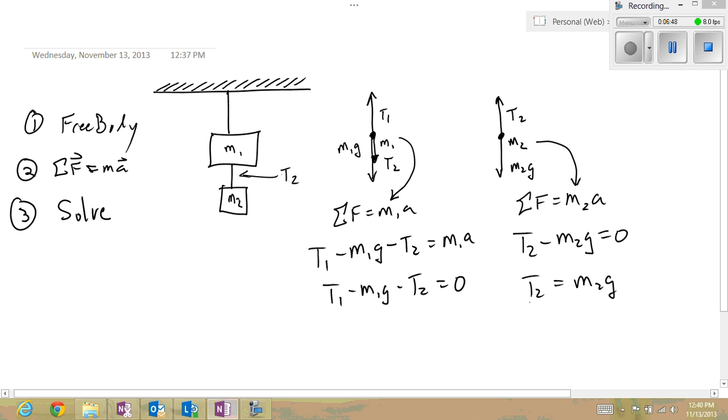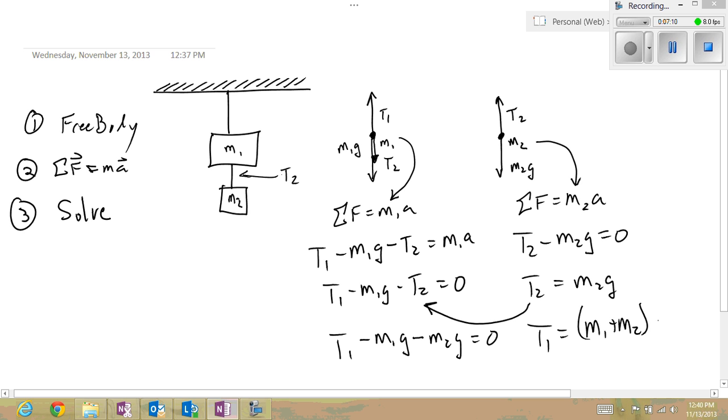I can now substitute in here: T1 minus M1G minus M2G equals 0, leading us to T1 equals (M1 plus M2)G, which also kind of makes sense. This top string is in fact supporting the weight of both of those objects, so the force on it should be the sum of their masses times gravity.